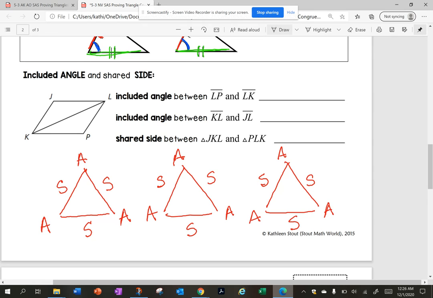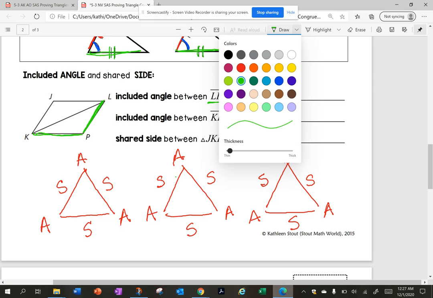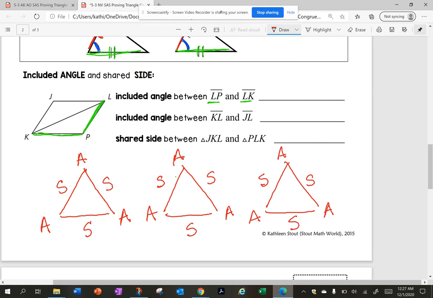So what is the included angle between segment LP and LK? So if I'm looking between LP and LK, so I'm going between these two, the included angle is going to be angle P. Between LP and LK, I put KP.